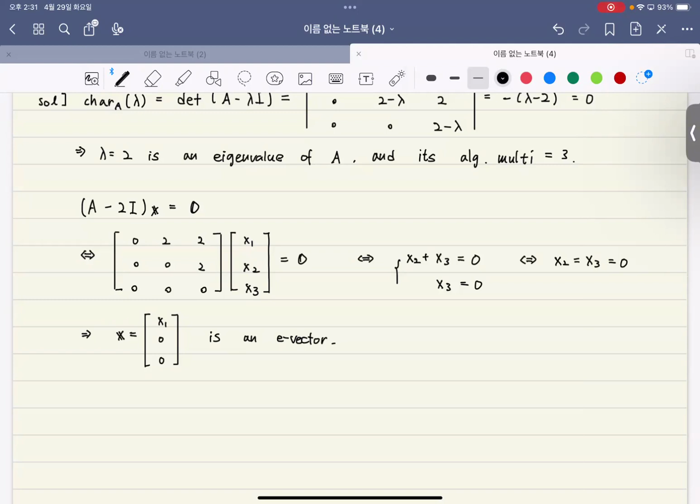It's just 1. Why? Because we were able to find only one linearly independent vector contained in this eigenspace. This eigenspace is simply the span of (1, 0, 0).